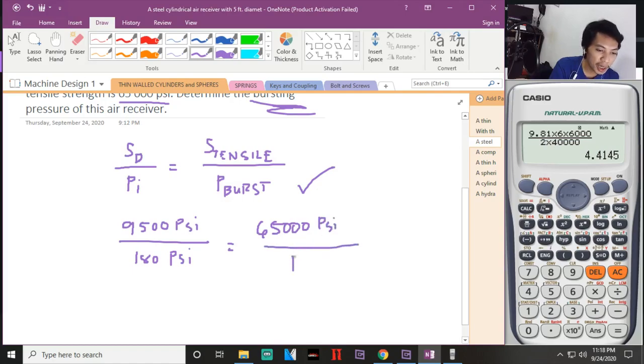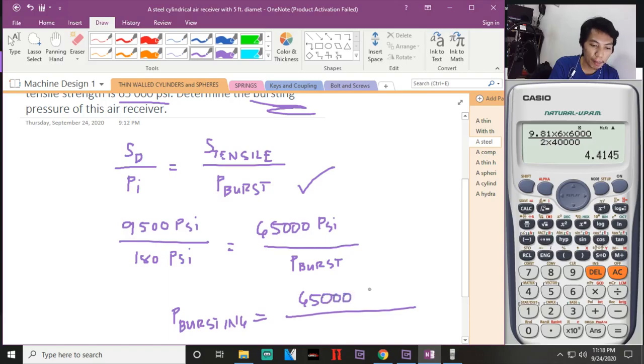And then, bursting. Hinahanap. Now, cross-multiply na natin yung bursting natin. The bursting pressure is 65,000 PSI multiplied by 180 divided by 9,500.